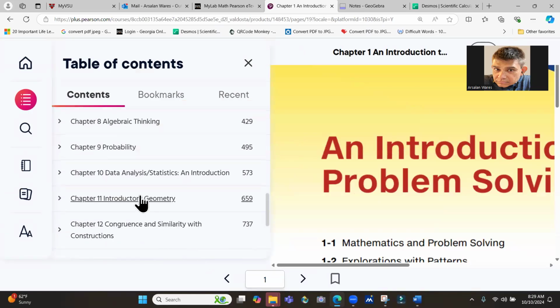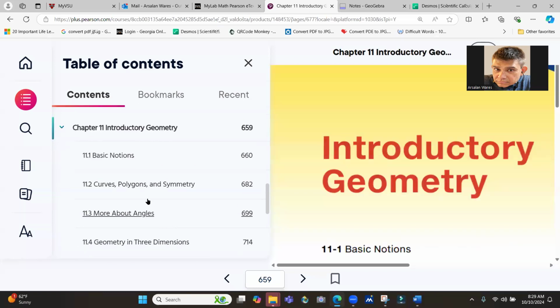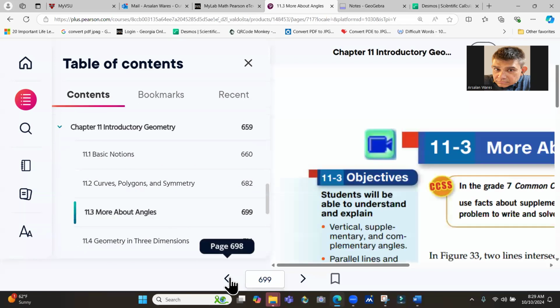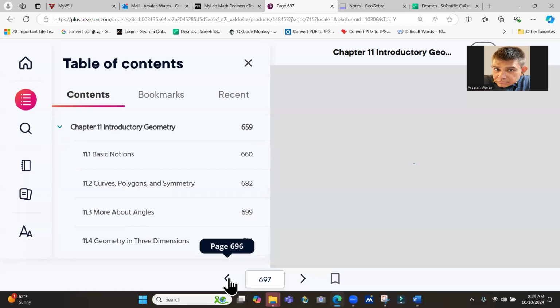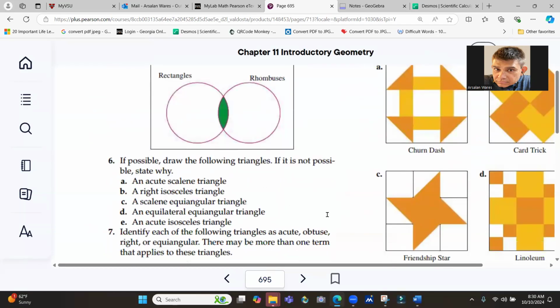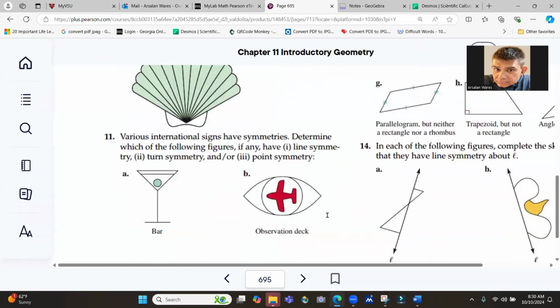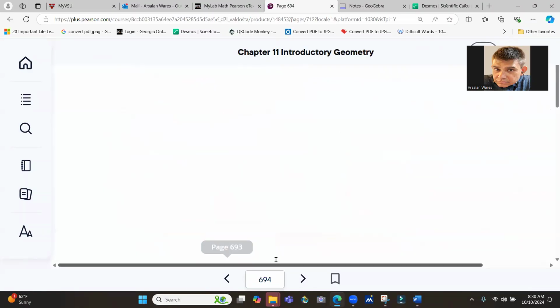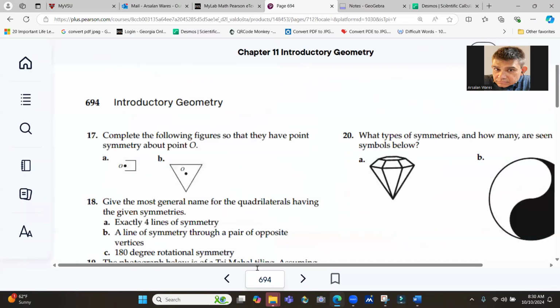11.2, we are going to work on some of the problems. And you can see these problems are not really that difficult.